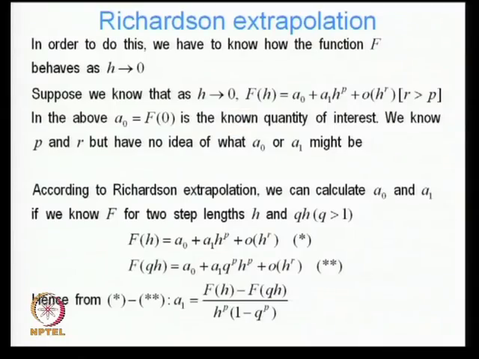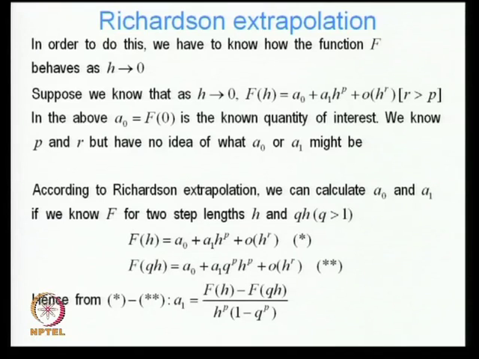So, according to Richardson extrapolation, we can calculate a0 and a1 if we know f for two step lengths h and qh, where q is greater than 1. How do we do that? Well, we evaluate f at step size h, and we evaluate f at step size qh.